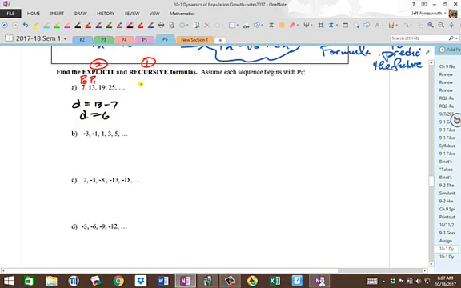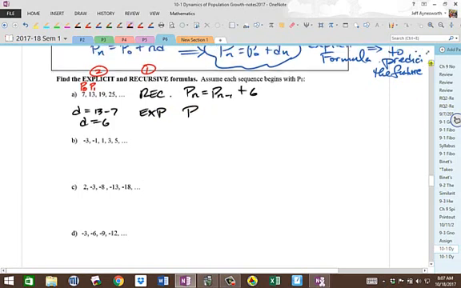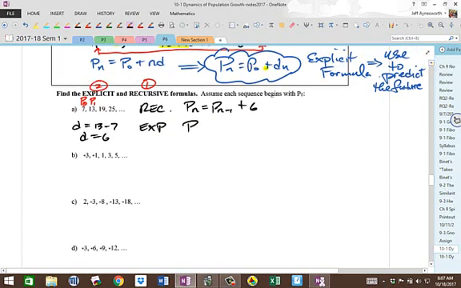And so recursively, what you have is p sub n is equal to the previous term, which is p sub n minus 1, plus that common difference. There's your recursive function. And your explicit function, which is right here, is always the seed plus the common difference, which we know. So p sub n is equal to the seed, which is 7.